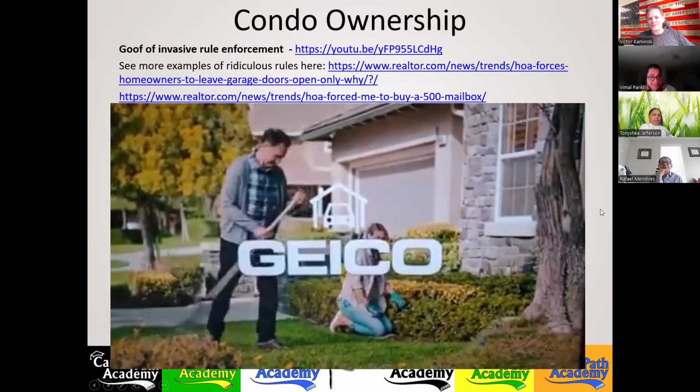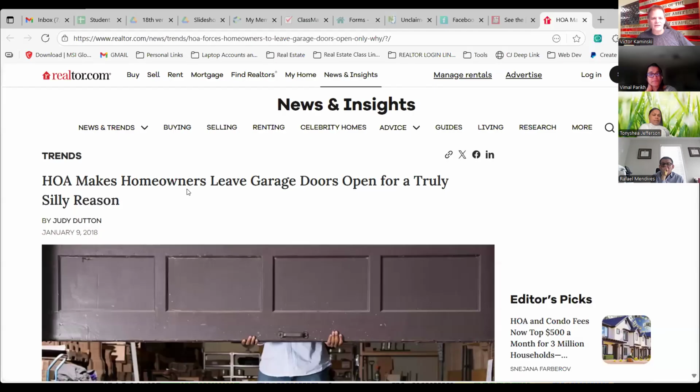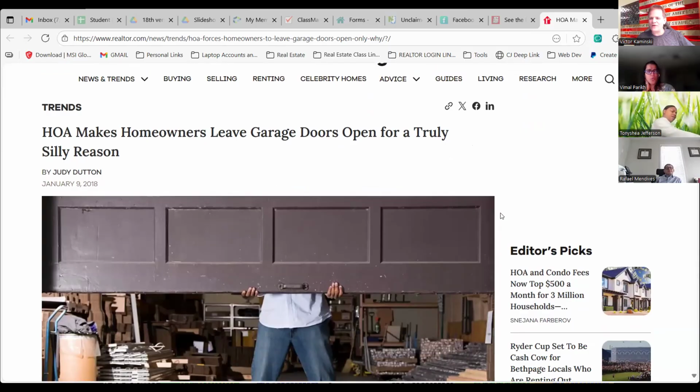But look, that's not the only goof. Here's some more invasive rules. Look at this one on the Realtor.com website. Here's one where the HOA, Homeowners Association, requires homeowners to leave their garage doors open during the day or face $200 fines per day.